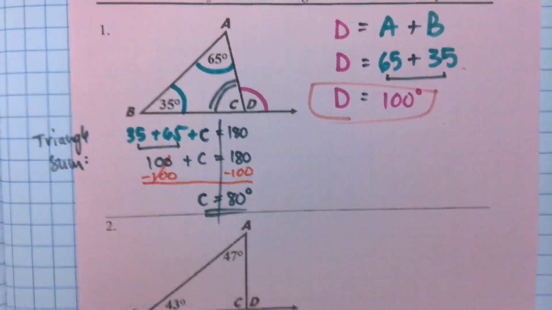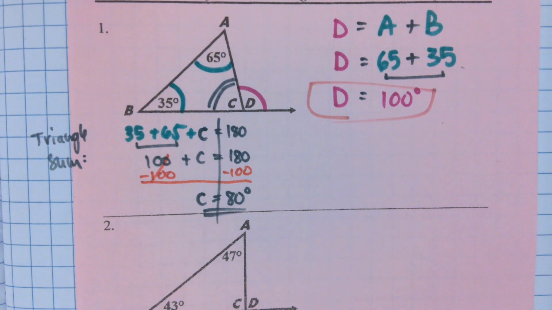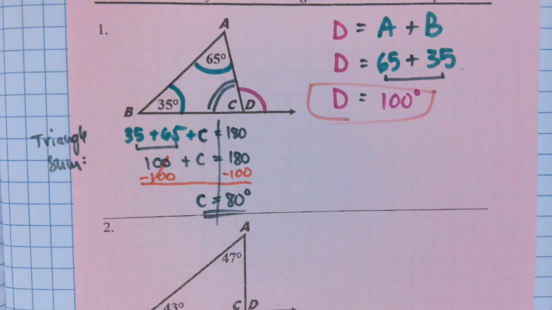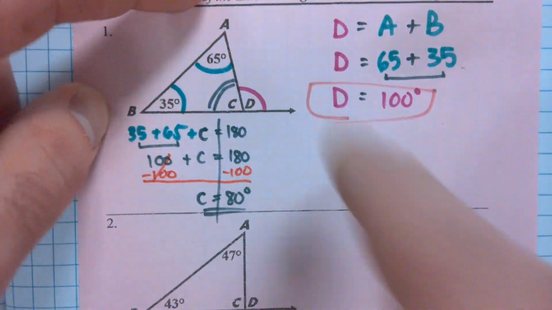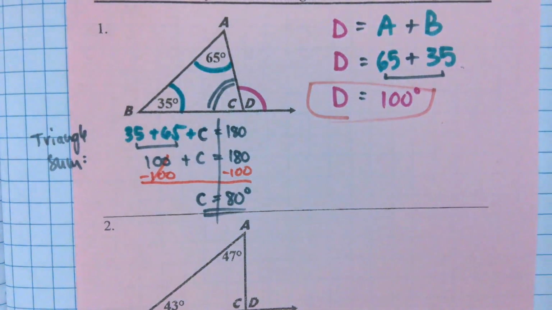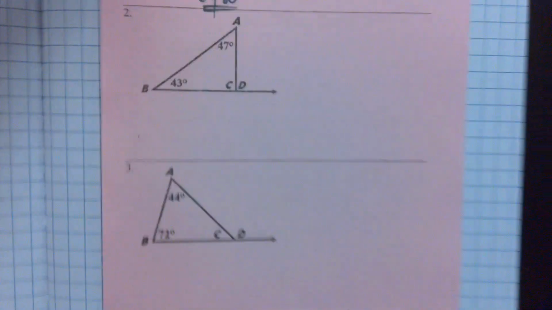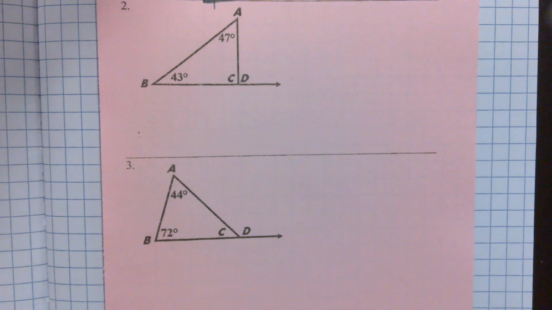And again, that's more of the why this is the case, which helps some of us. Some of us it confuses further. As long as you know, add the faraway angles together, set it equal to D, you should be good to go. Give number 2 and 3 a try.